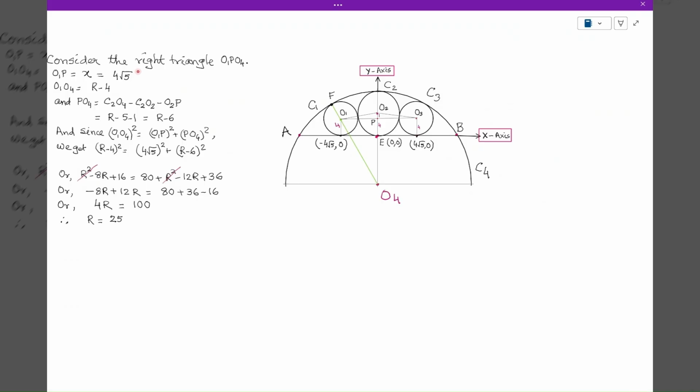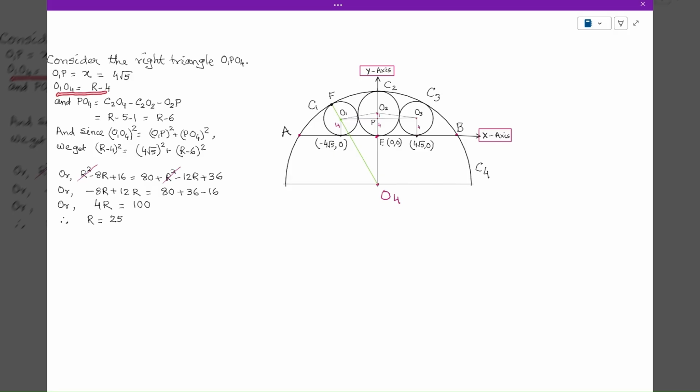Consider the right triangle O1PO4. This is a right triangle and this angle is 90 degrees. O1P is equal to x, which is 4 root 5. That is, this is O1P.